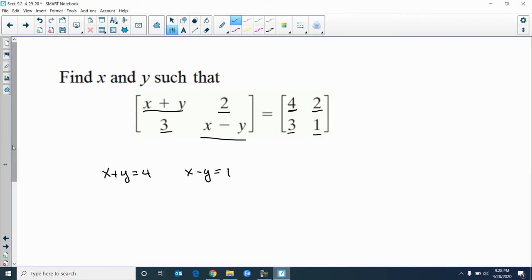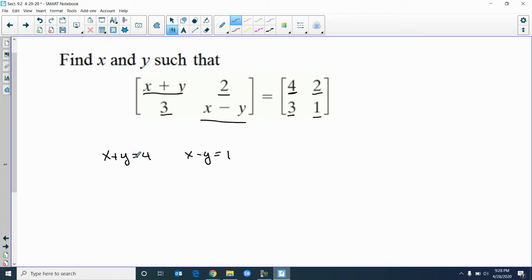If I'm going to solve this, I basically come up with a system of equations. I got x plus y equals 4, and x minus y equals 1. If I put the second equation underneath the first one, the y's will add up to 0. I get 2x equals 5, so x equals 5 halves. Now I need to know what y is. Using x minus y equals 1, 5 halves minus y equals 1.